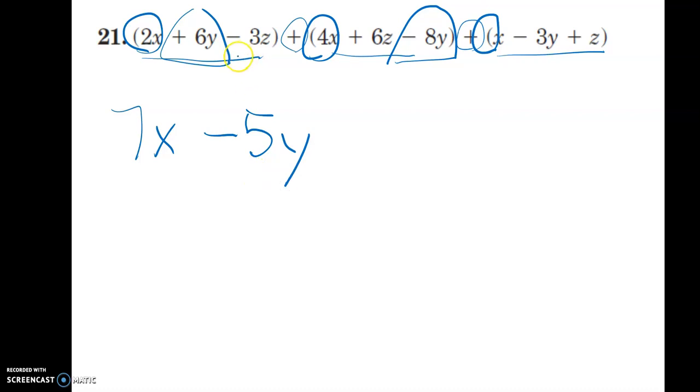Looking at my z's, I have a negative 3z, a positive 6z, which is going to give me a positive 3z. And then I have one more z here, so positive 4z. Final answer. Can't collect those together.